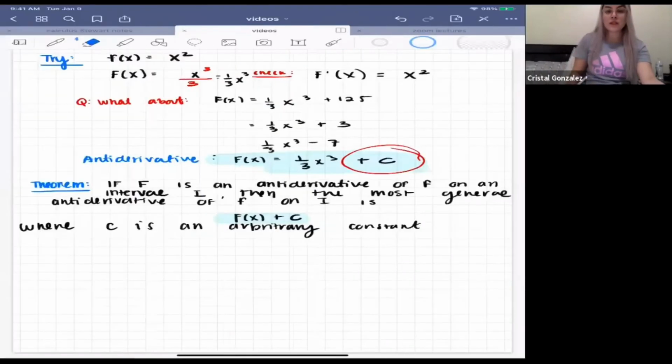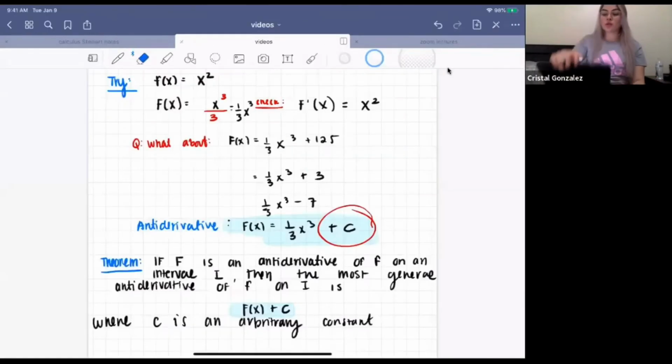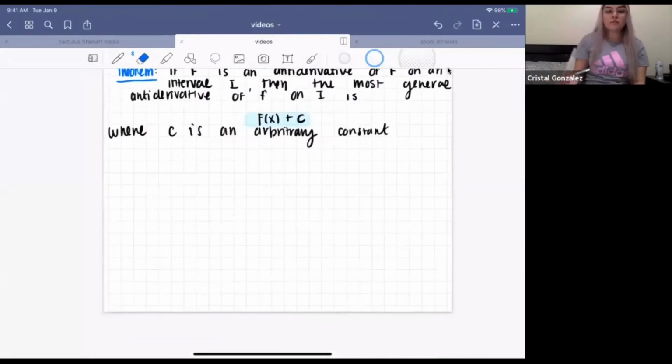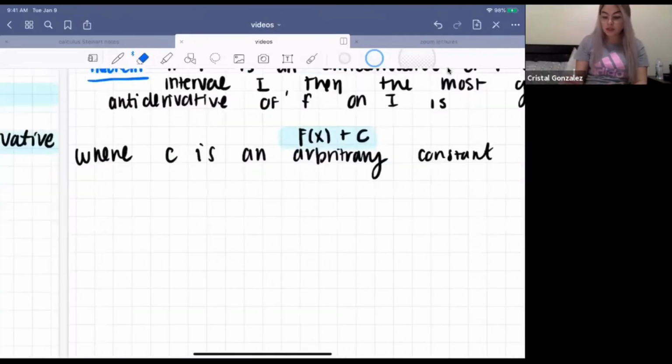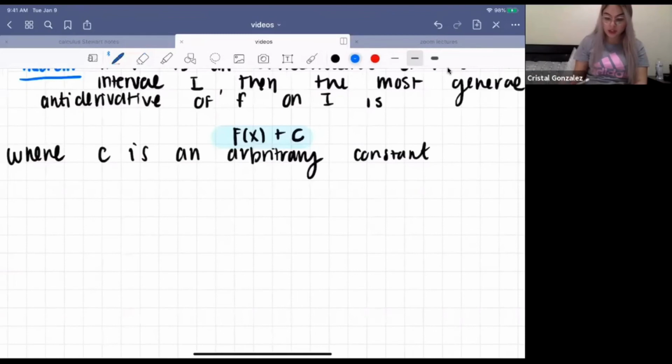Now for this section, we're not actually going to use this notation, and I don't think that they use this notation too much in this section. I know they use it more in the later sections, but this is how we are going to notate an antiderivative. So if you ever see this notation, it's kind of a funky looking notation, but it's not that bad.